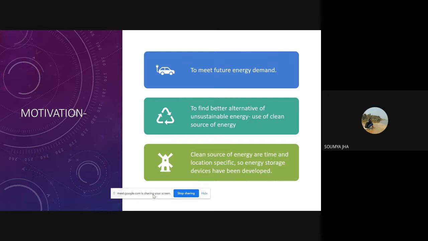So it is better to use clean sources of energy, which include solar energy, wind energy, and geothermal energy, and there are also various kinds of energy which are time and location specific. You cannot get them in each and every place, so it is better to develop devices in which we can store energy and use it to meet our energy demand.